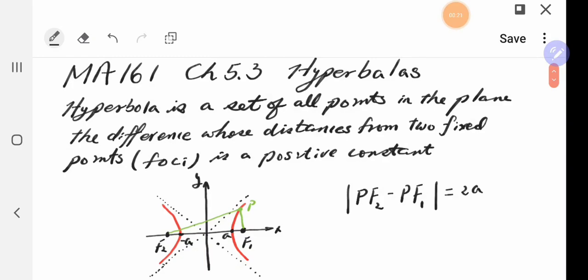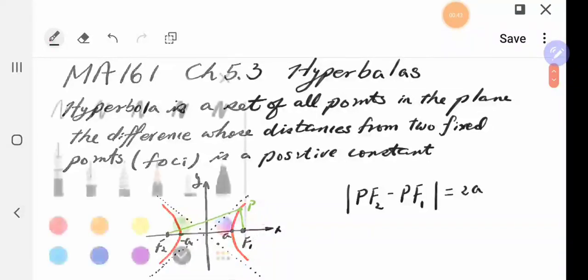Okay, this means let's say there are two foci, focus 1 and focus 2. So there are two green lines: the line segment from P to the point F2 and from P to the point F1.